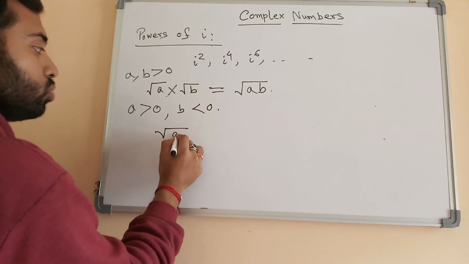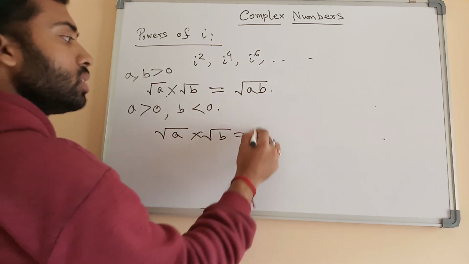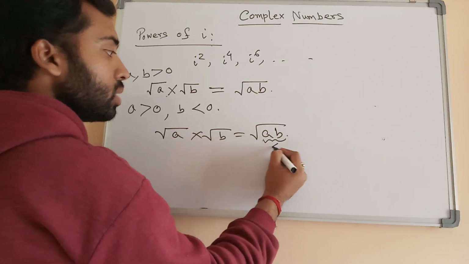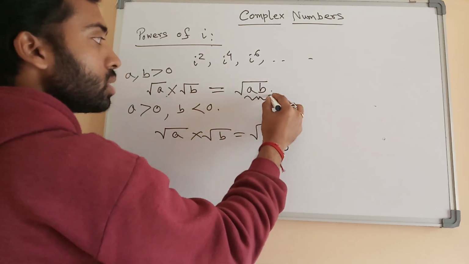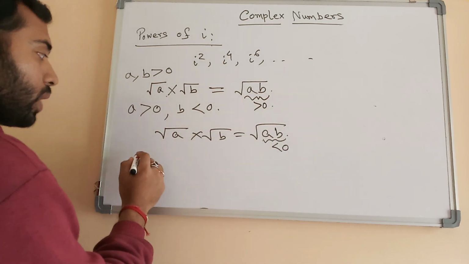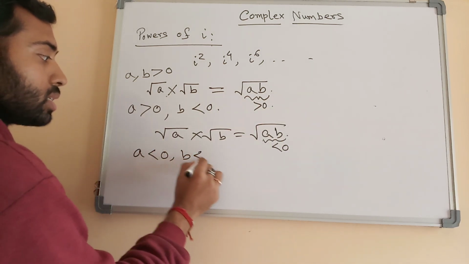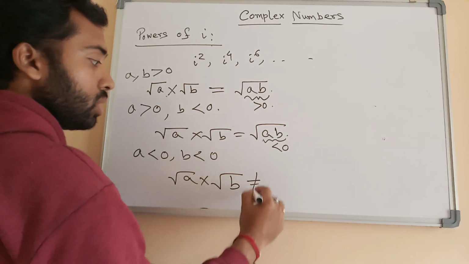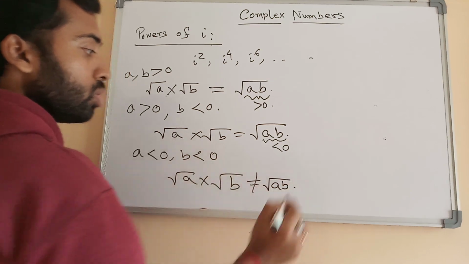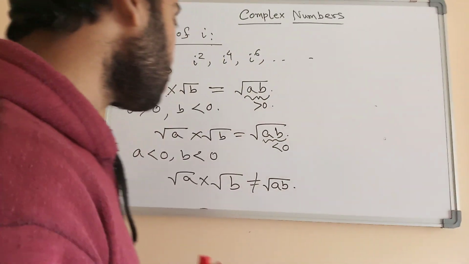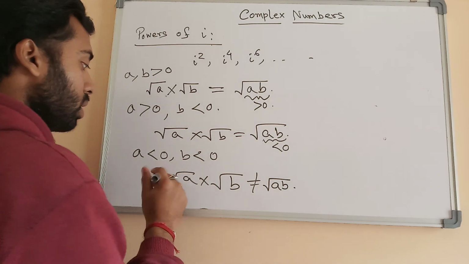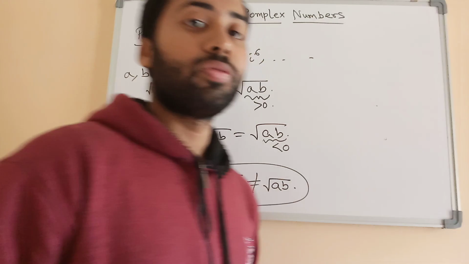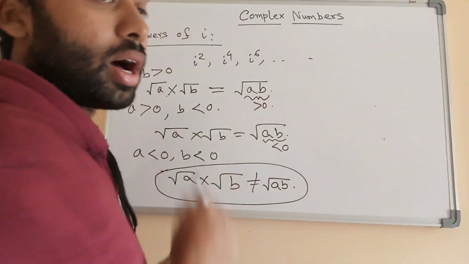So this will give root a into root b, which is again root under a into b, where ab is less than 0. And here ab is greater than 0. But when a less than 0 and b less than 0, root under a into root under b is not equal to root ab. Okay, I will keep this rule in mind, and then I will perform the powers of i.